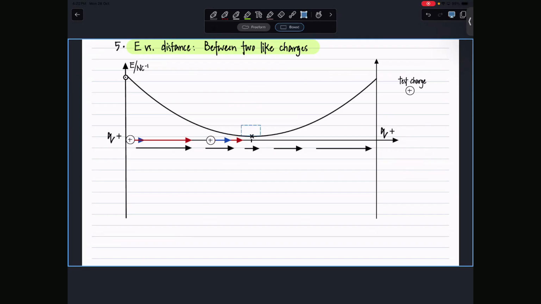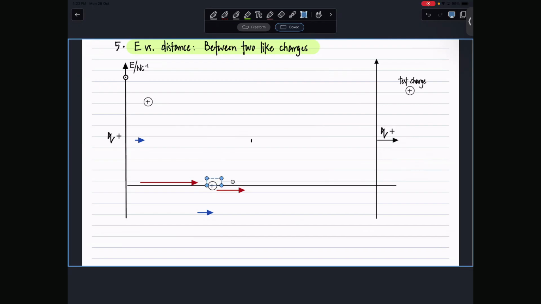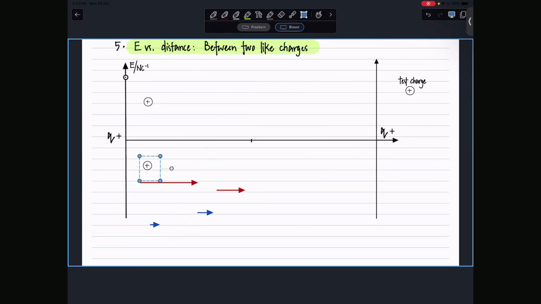This is gone. These are gone as well. So tell me what to do with the graph. Where do I start? How do I start? Which way does it go? Right next to this, right?